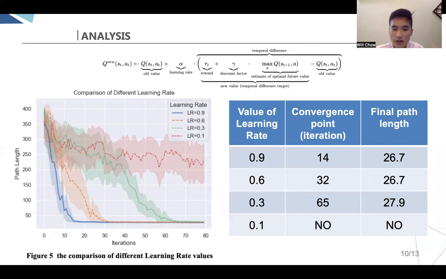Figure 5 shows that with the learning rate increasing, the number of iterations needed to find the shortest path can be reduced, which gives a better result if we introduce alpha equals 0.9 to our algorithm, to some extent saving computational consumption.